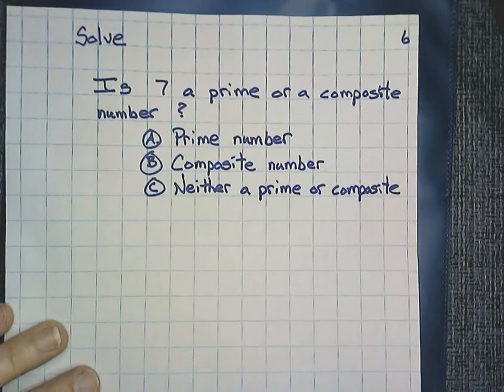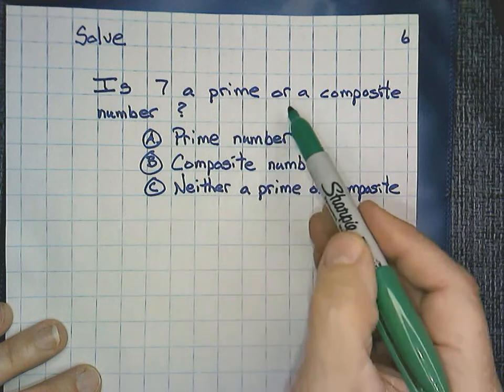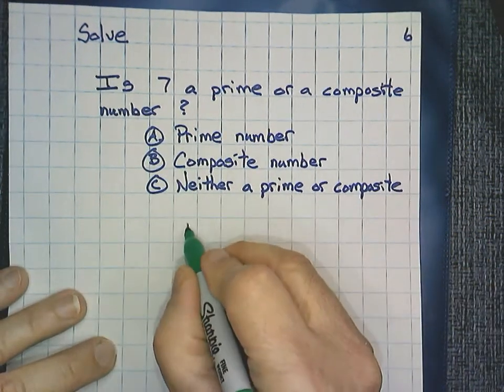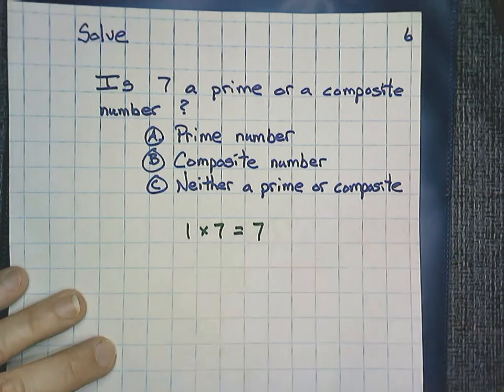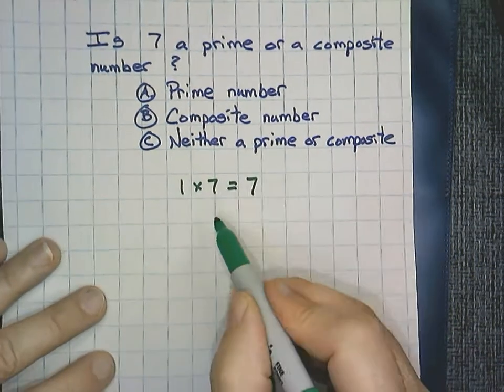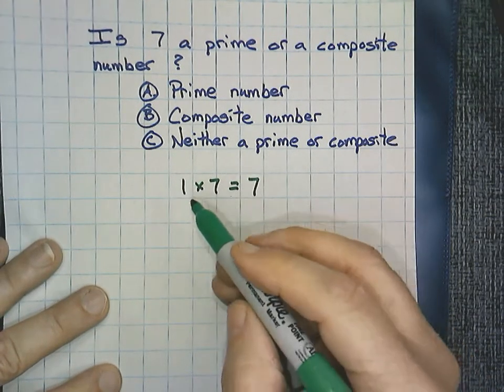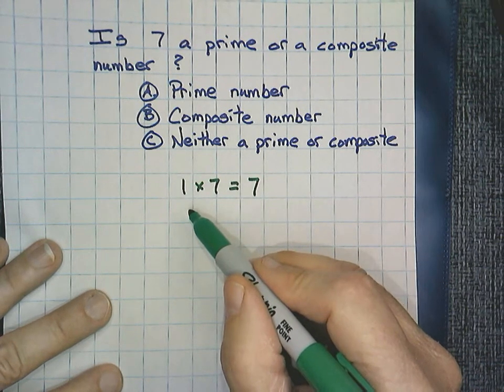Let's try some. Solve. Is 7 a prime or a composite number? Well, let's find out. 1 times 7 equals 7. Are there any other ways to get 7? No, 7 is an odd number. We can't use a 2.